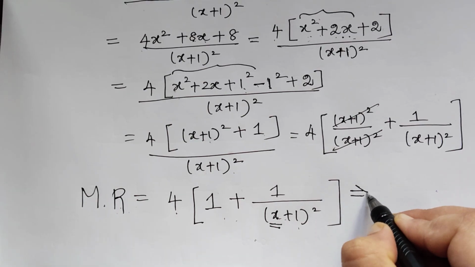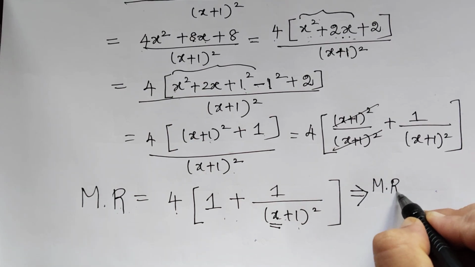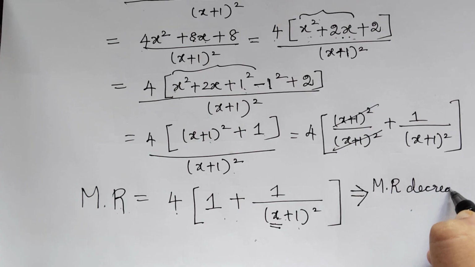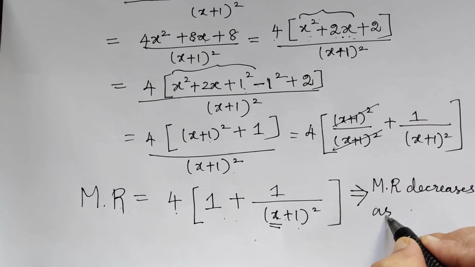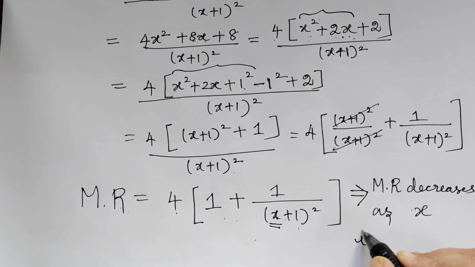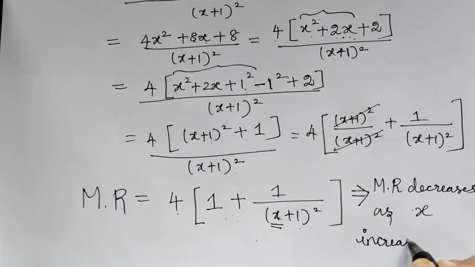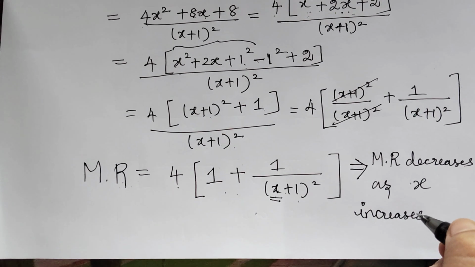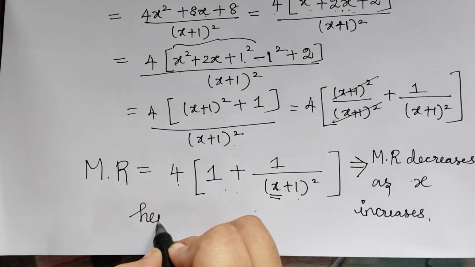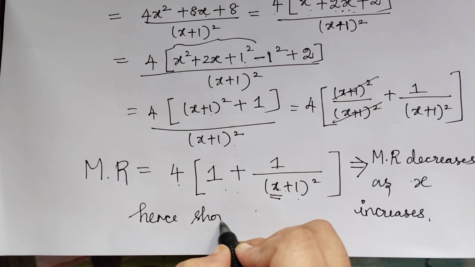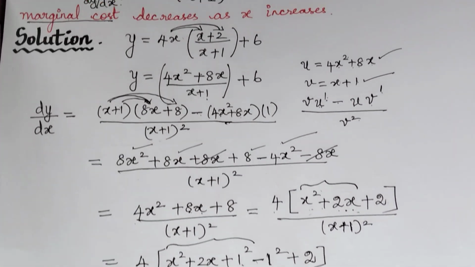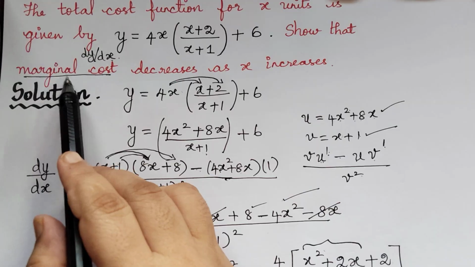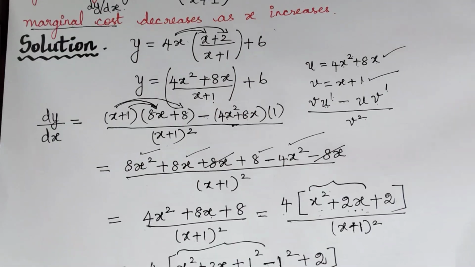Therefore, from this we understand that marginal revenue decreases as x increases. So therefore, we have proved the given question, because in the question they have asked us to show that the marginal cost decreases as x increases.